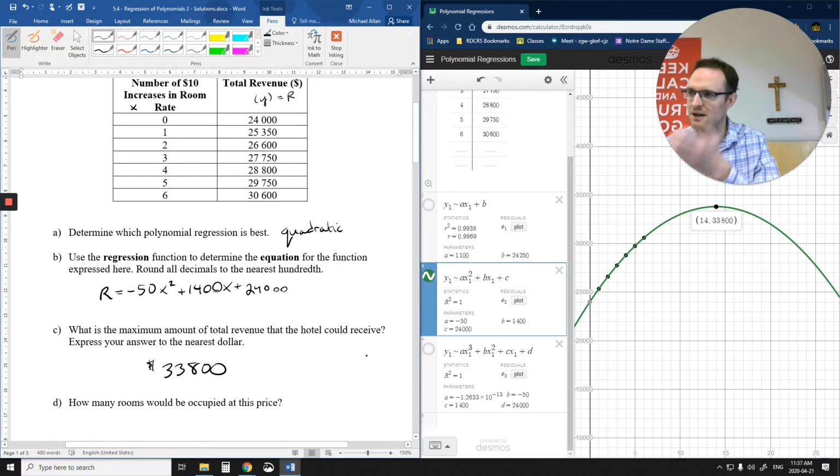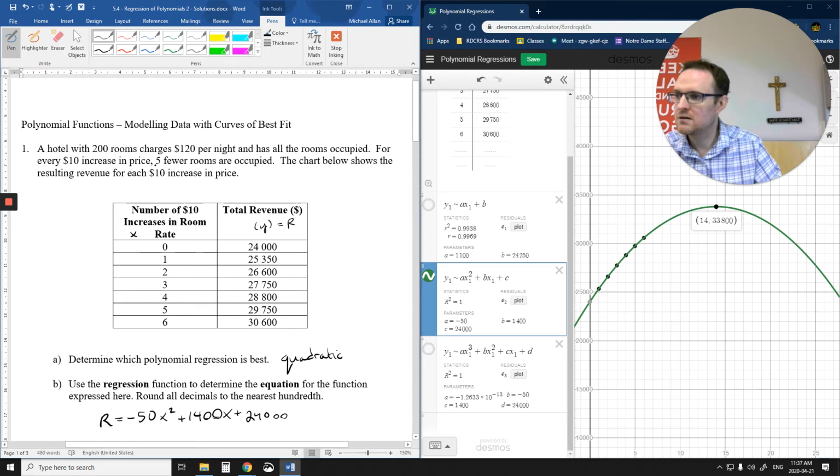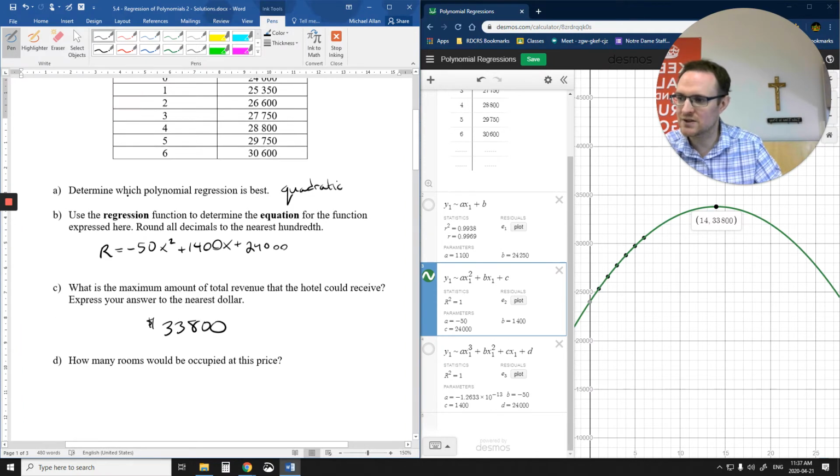So remember, X is, well, actually, I don't know how many rooms. Every time I increase by X, I have 5 fewer rooms. So this is 14 increases.